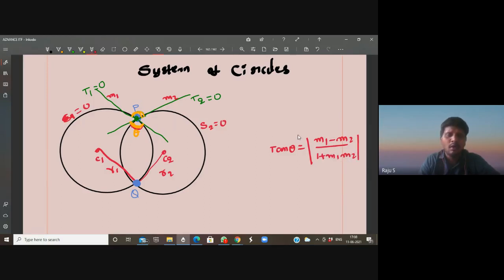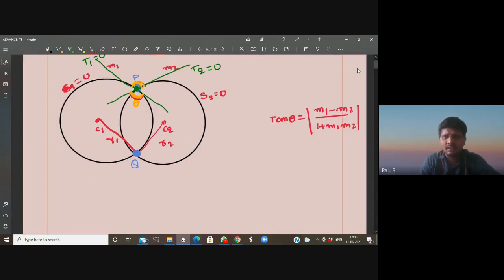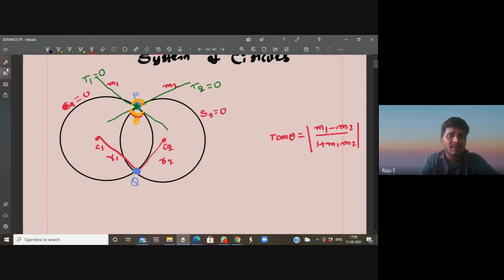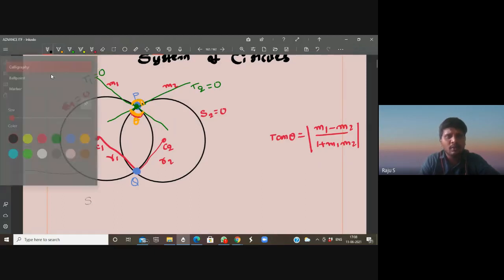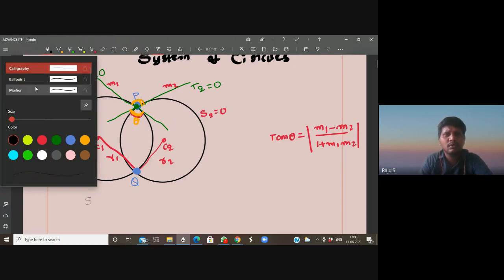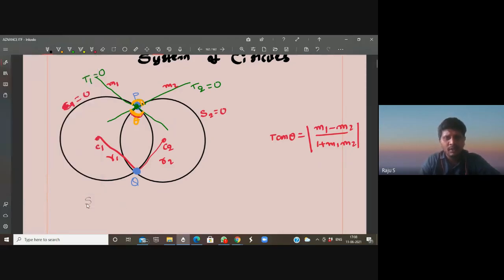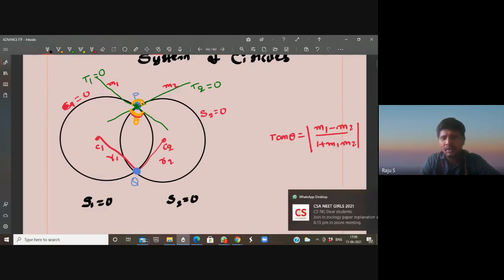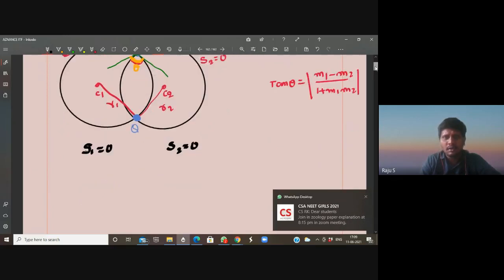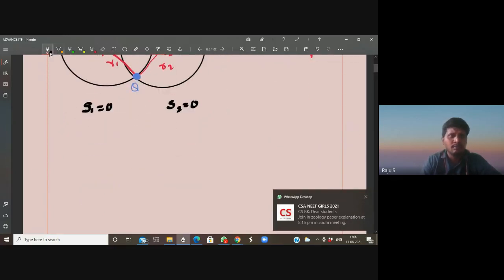Sometimes we don't actually know the tangents here; they will simply give the circle equations. When they give S1 equal to 0, the first circle equation, and then S2 equal to 0, I'm taking it in two ways.